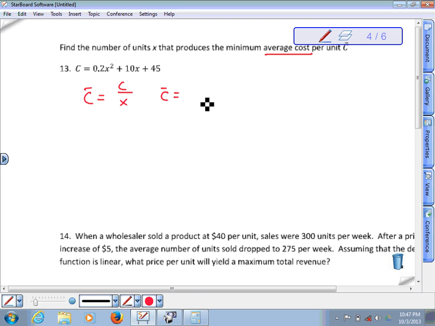So C bar is equal to this whole expression divided by x, but it's going to make the derivative easier to divide every term separately by x. This becomes 0.2. Now x squared over x is x, and then 10x over x is 10, and 45 over x.